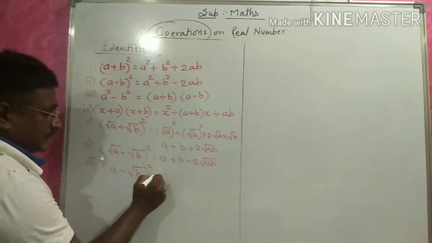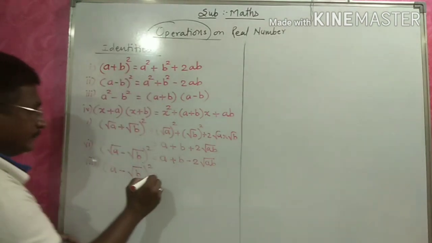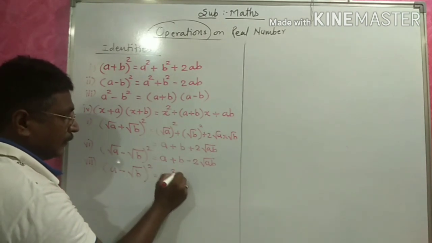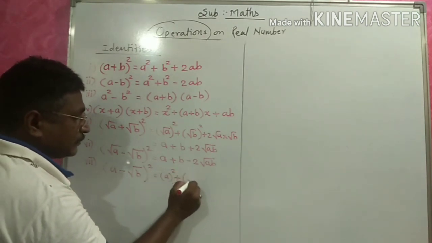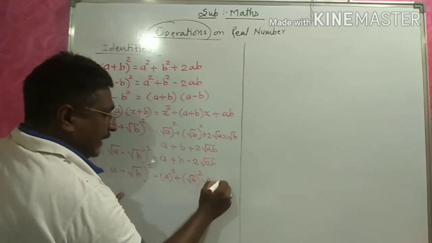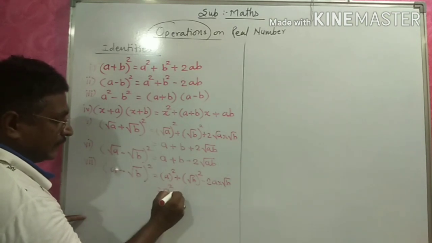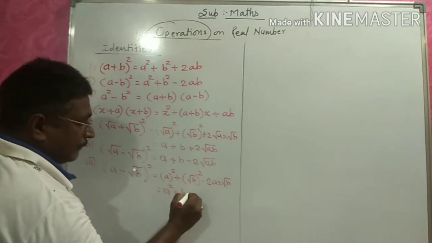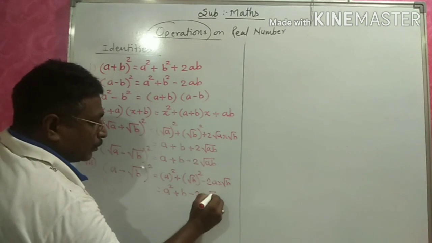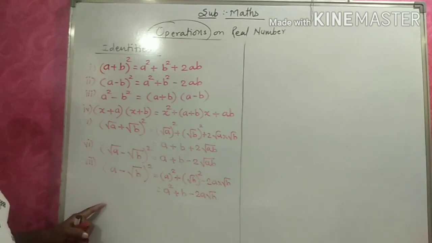So how to do this? According to the identity, A square plus B minus 2A root B. So this is the identity. Understood, students, how to do it?